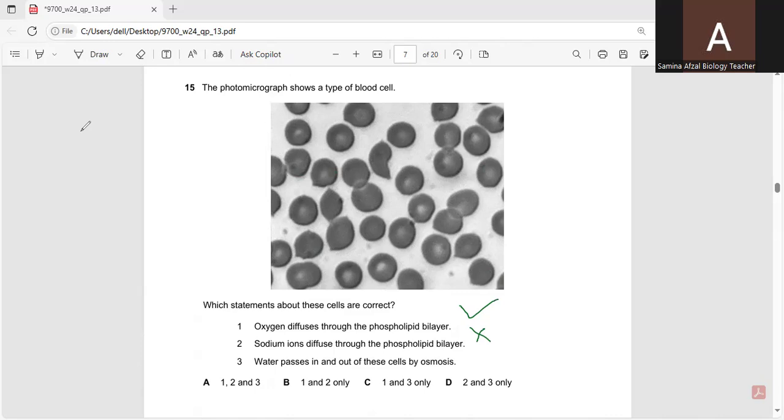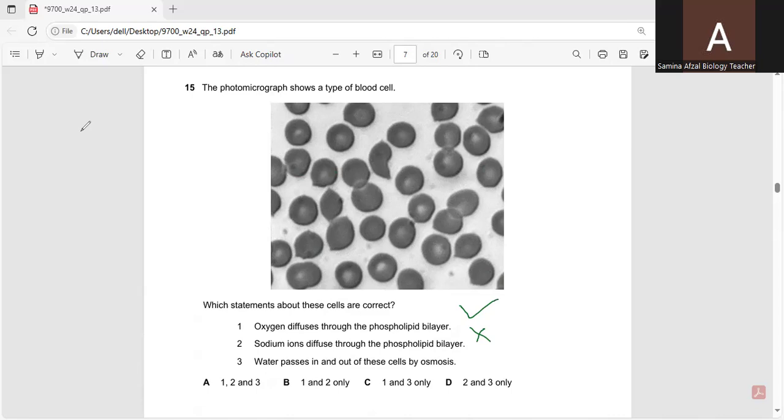Statement number 3 is: the water passes in and out of these cells by osmosis. Water is a polar molecule, but it is small enough to pass through the phospholipid bilayer, primarily via osmosis.